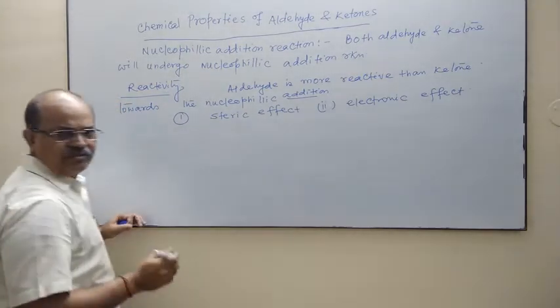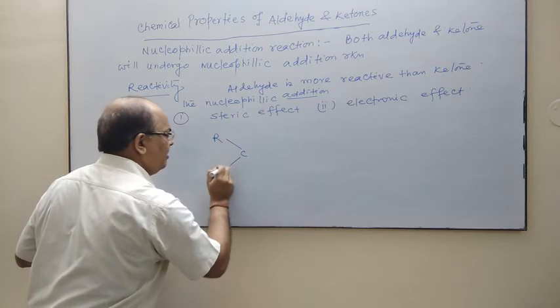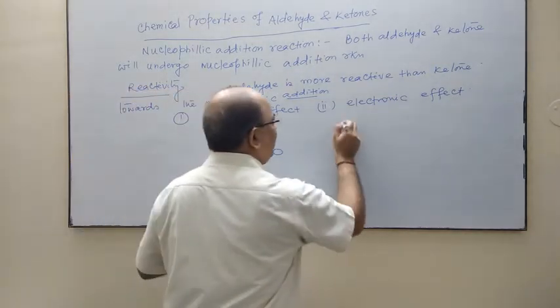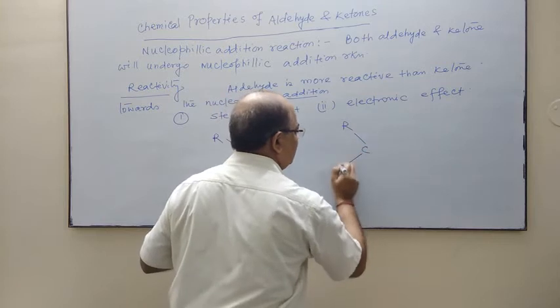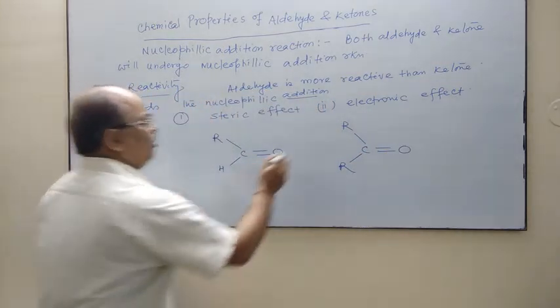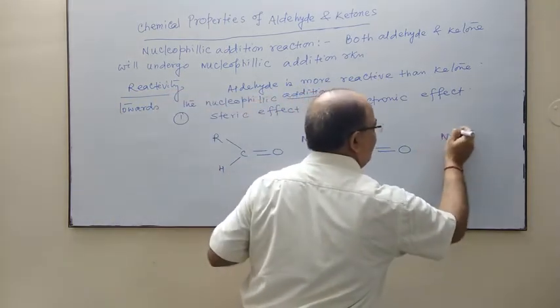What happens? Suppose we have an aldehyde, and another we have a ketone. Now the nucleophile is going to attack in both cases.